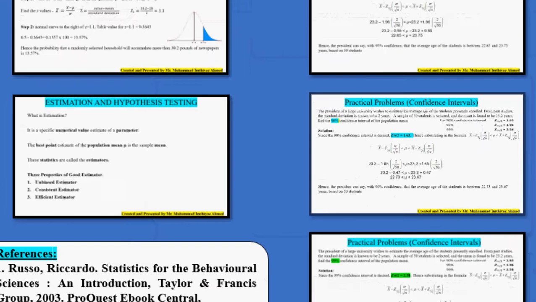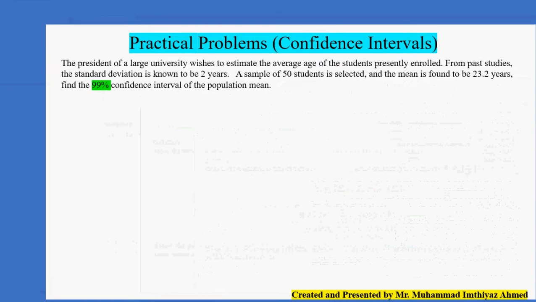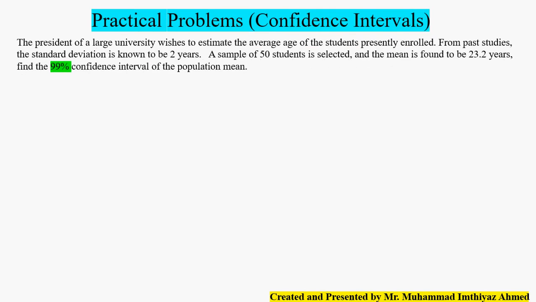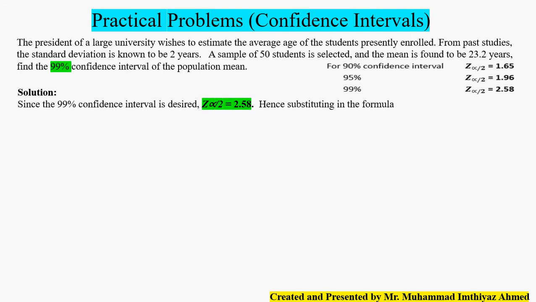Let us understand the same problem for 99%. I will show you the result for 99% confidence interval of the population mean. So when we say 99%, Z alpha by 2 is going to be 2.58. This you have to keep in mind.